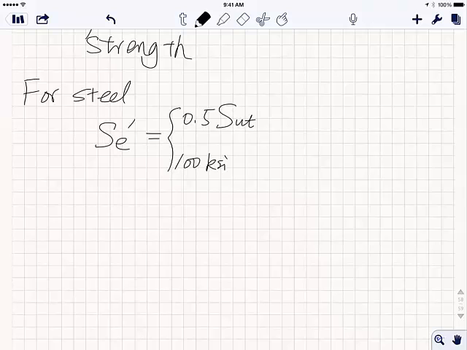This is when you have SUT smaller than 200 KSI or 1400 megapascal, depending on whether you use English units or metric.